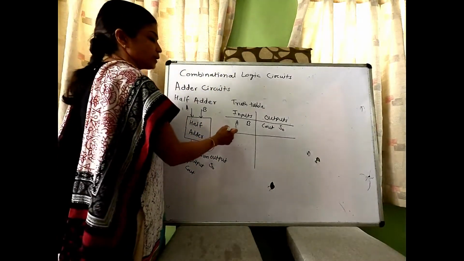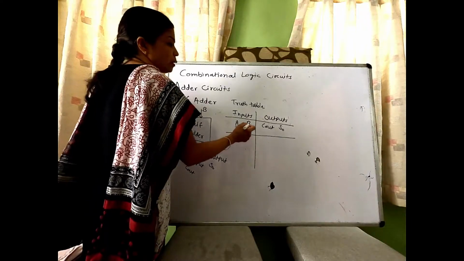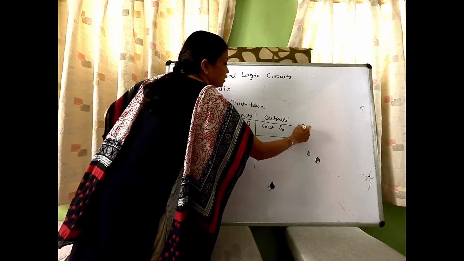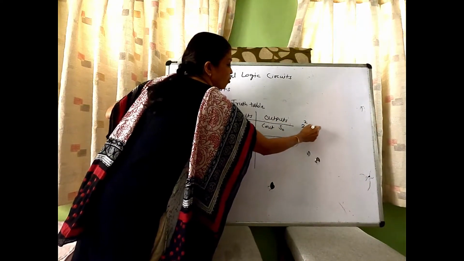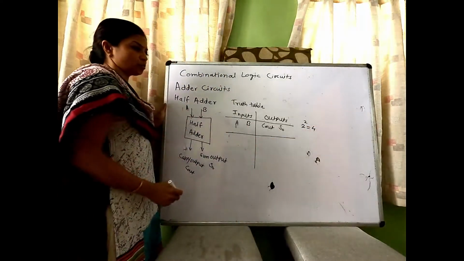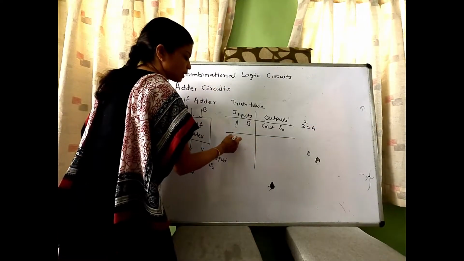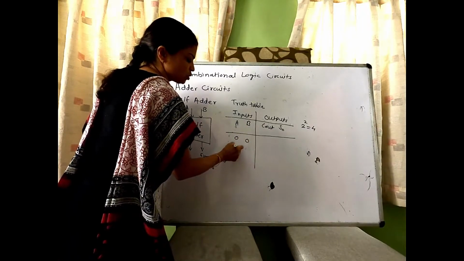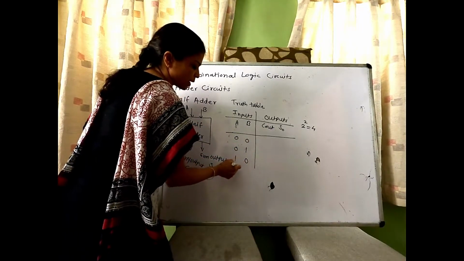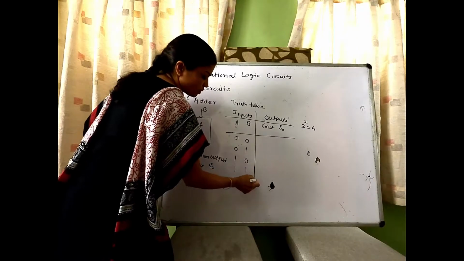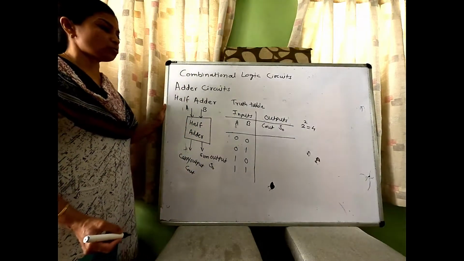As two inputs are there, we know that we have 2 to the power 2, that is 4 combinations of the inputs, and those are 0 0, 0 1, 1 0 and 1 1. Here we will apply the addition rules.